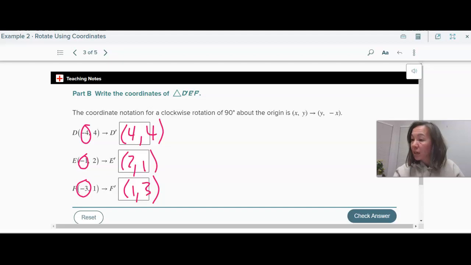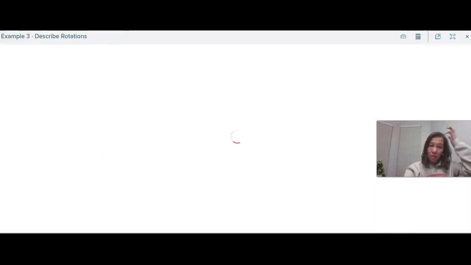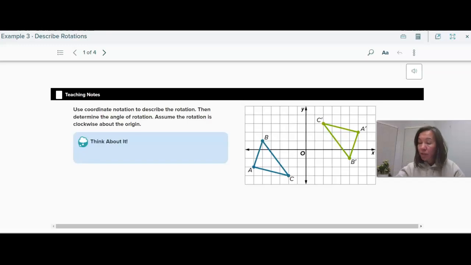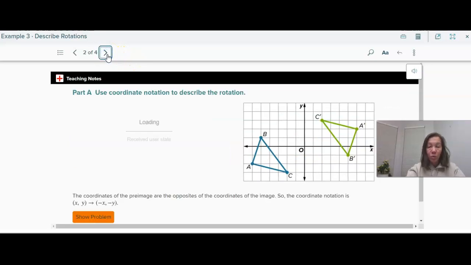So the last thing for this section, and again, we will definitely look at more of these in class, but this gives you a good start, and so we don't have to go over everything together. Look at the last one on page 460. We already have the rotation, and we want to describe it, assuming it's clockwise about the origin. If we start at these points and end up at these points, was it 90, 180, or 270 degrees?